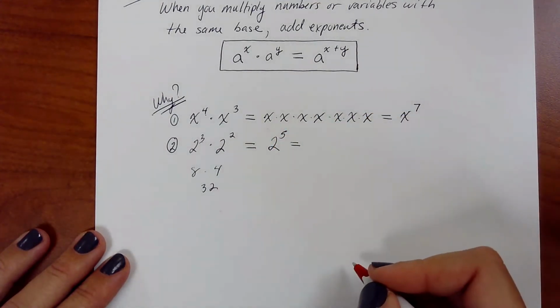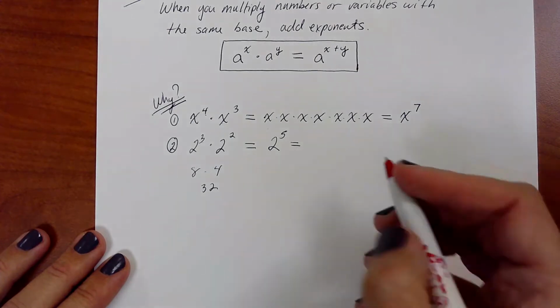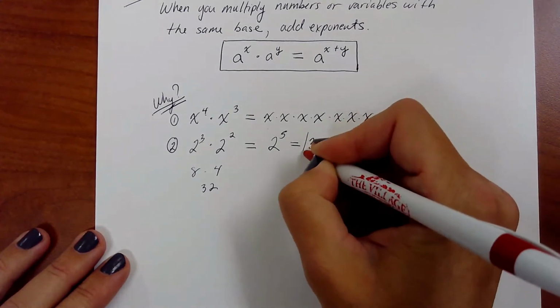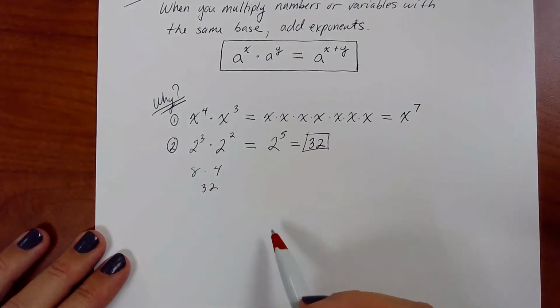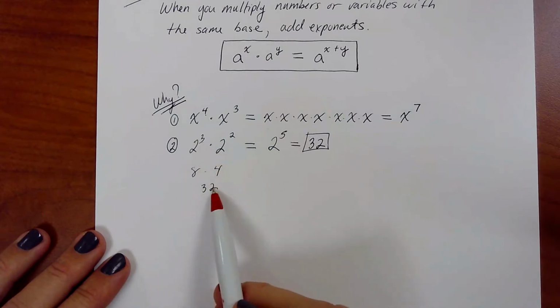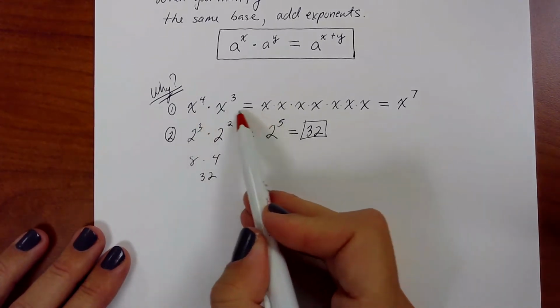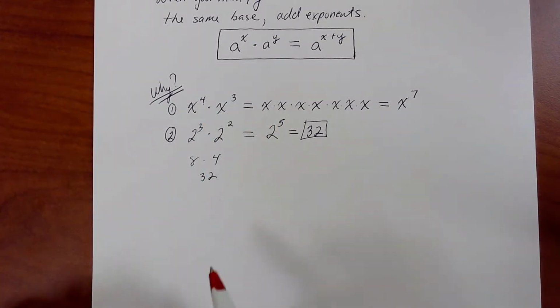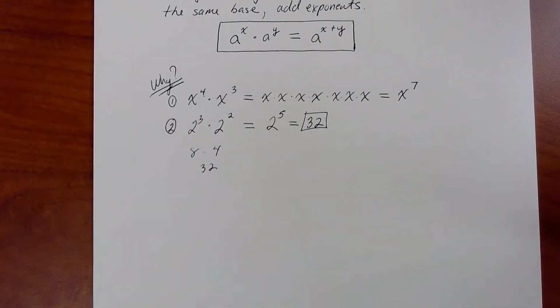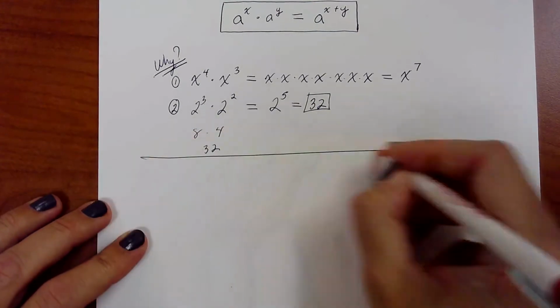And 2 to the fifth, 2, 4, 8, 16, 32, same answer. So just a little shortcut. Maybe with numbers you would like to do it this way, fine. You get the same answer. I can't say that's a wrong way to go. But when we have variables, the only way to simplify it is going to be to use the law. Okay, so let's just try a bunch of these.